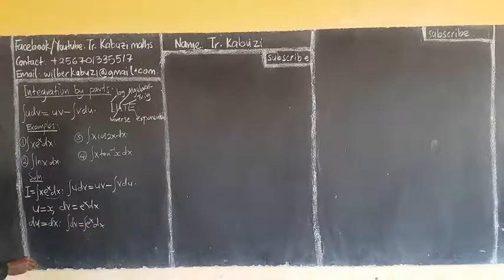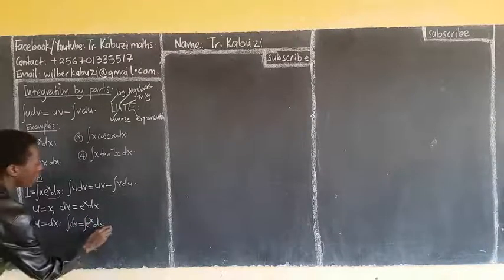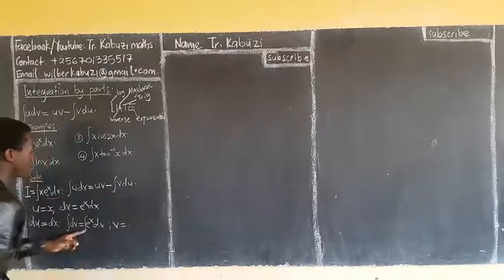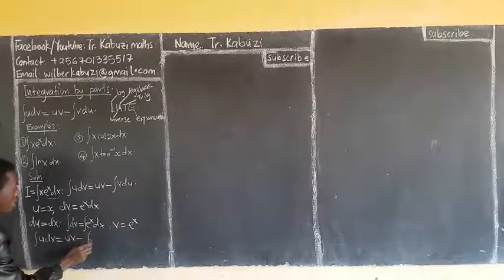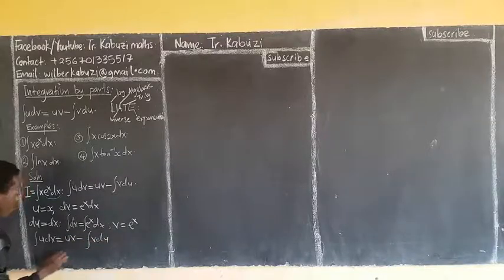When we integrate e to the x, we get e to the x, so v is e to the x. Now we substitute into the formula, which says the integral of u dv will be uv minus the integral of v du.